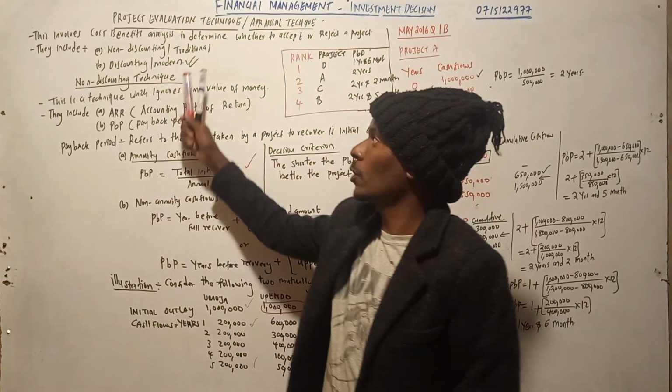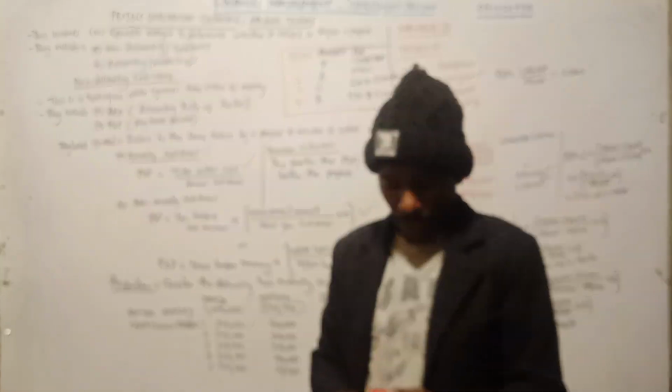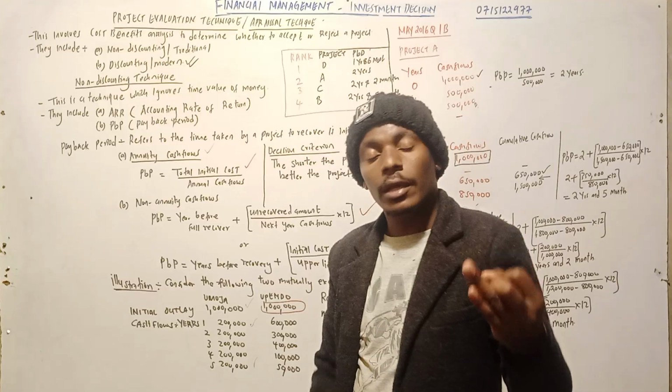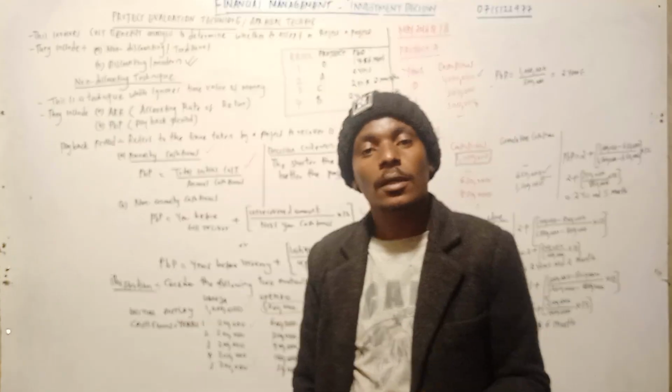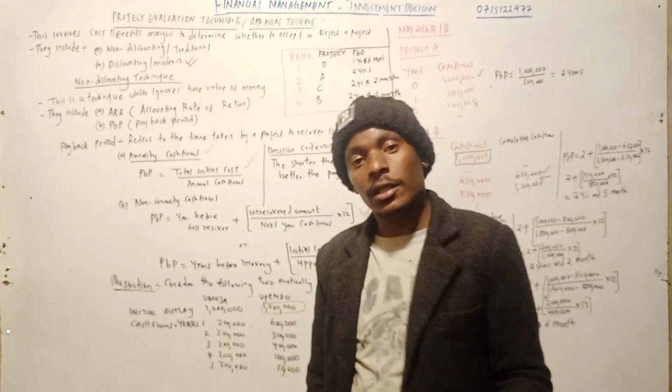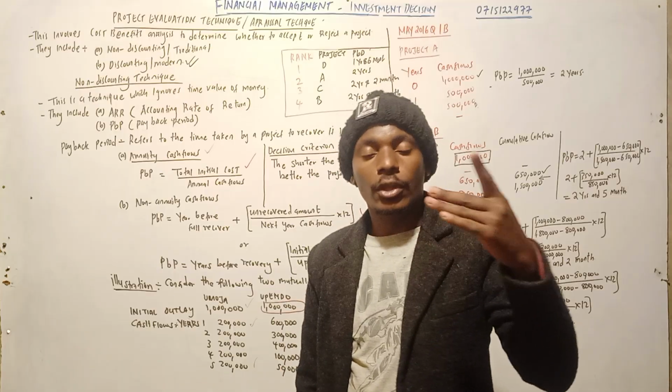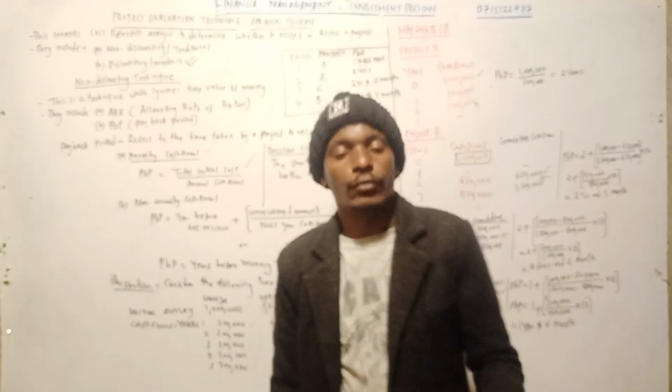When we meet for the discounting technique, we shall consider the discounted payback period, the profitability index, then the IRR, the internal rate of return, then the MIRR, that's the modified internal rate of return.